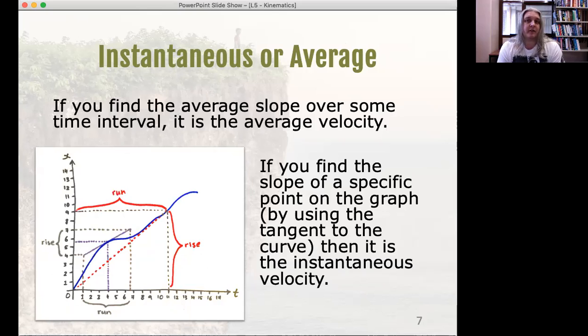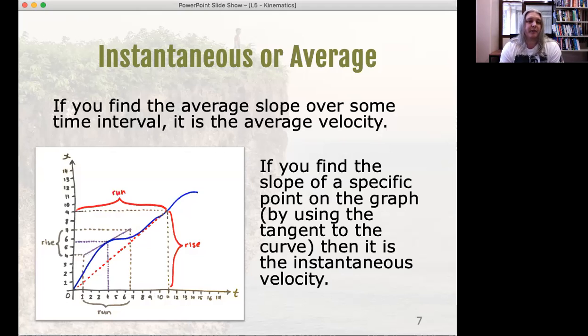If you haven't met tangents before, do look them up, but essentially it just means a straight line that matches the curve at the exact point you want, that aligns with that curve, and then you just draw a straight line at the same angle as the curve is at that instant. In this case, you can see a sort of a pale purple tangent that I've drawn at time t equals 4 units. And then you look at the slope of that tangent, and that is the instantaneous velocity at that time, t equals 4 units.